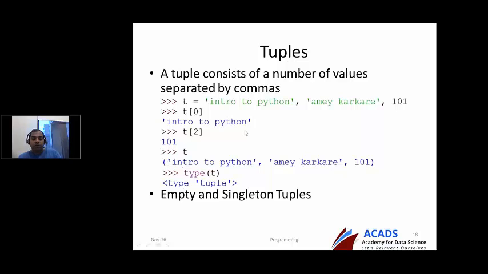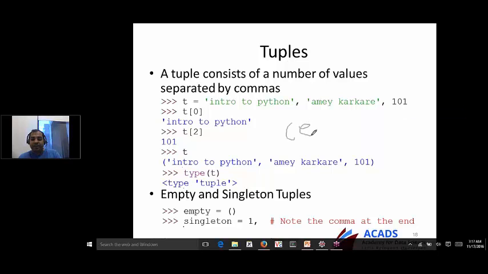Okay. So if you want an empty tuple, you just have to assign opening parenthesis and closing parenthesis to a variable. To get a singleton tuple, you cannot just put a value inside parentheses, because as you know, in Python, parentheses around an expression just help in deciding its precedence. Okay, it does not change the meaning of the expression.